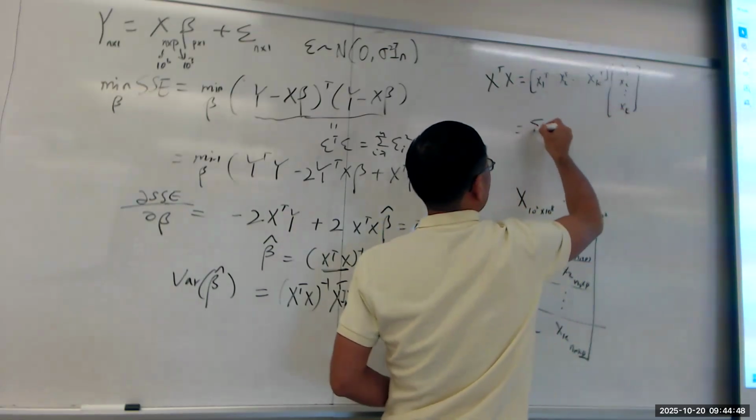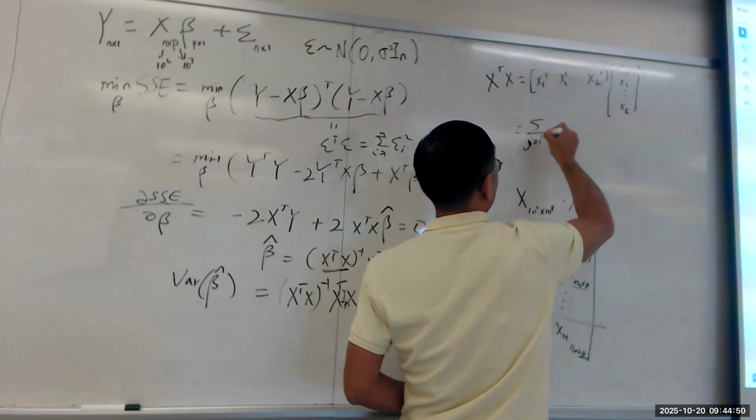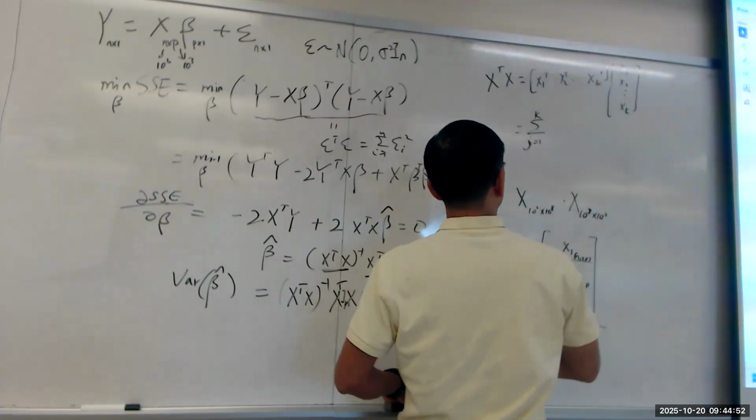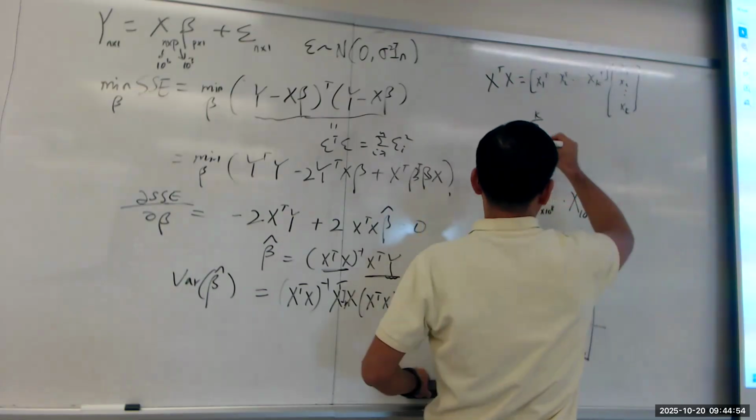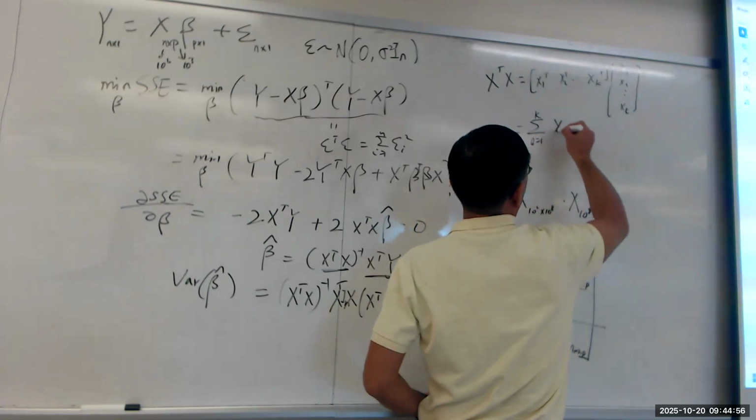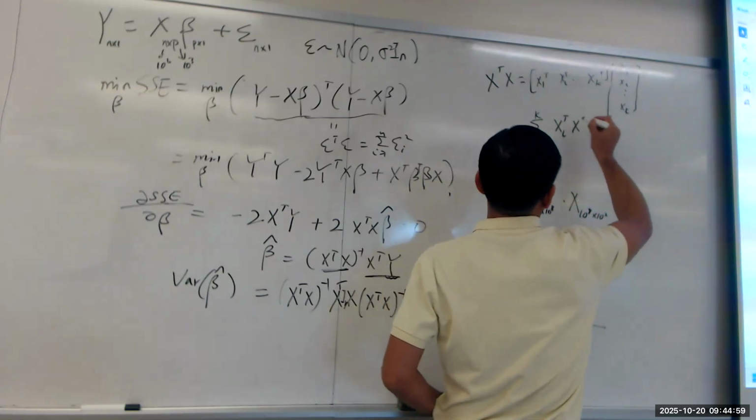This is just equal to the summation over L from 1 to K of XL transpose XL.